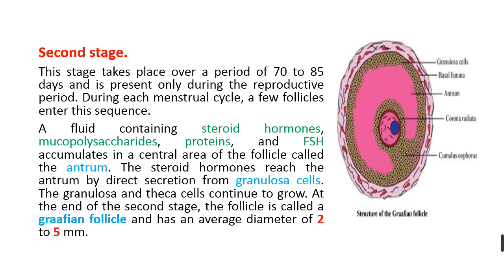At the end of the second stage, the follicle is called the Graafian follicle and has an average diameter of 2 to 5 millimeters. This is the structure of the Graafian follicle, which occurs at the end of the second stage.